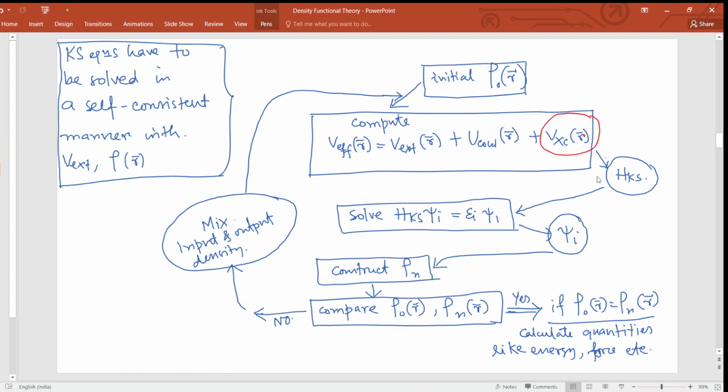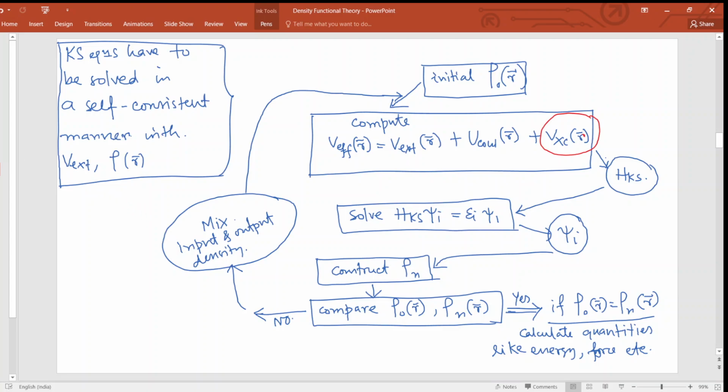Then you construct the quantum Hamiltonian, which is basically a sum of the kinetic energy term and the effective potential, and then you solve the equation H_KS psi_i equals epsilon_i psi_i. Once you do that, as the solution you get psi_i, and from there you can again compute rho. So this is the final rho which you are getting here.